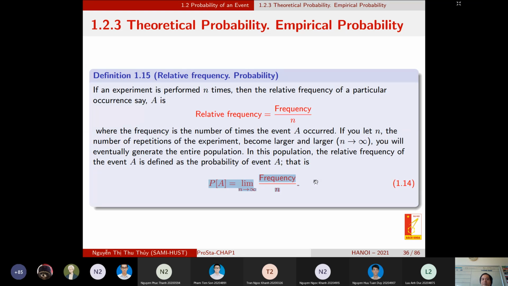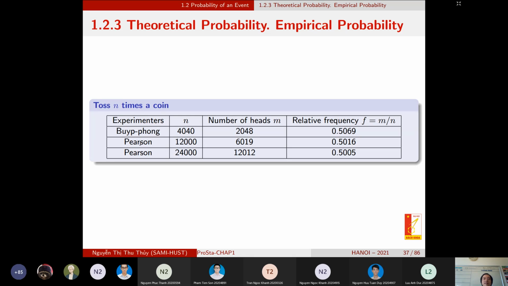So we define the probability of an event as the limit of the relative frequency of A. For example, let's consider the very famous experiment with a coin. We flip the coin many times and count the number of heads. We divide the number of heads m by the number of experiments n to get the relative frequency f.